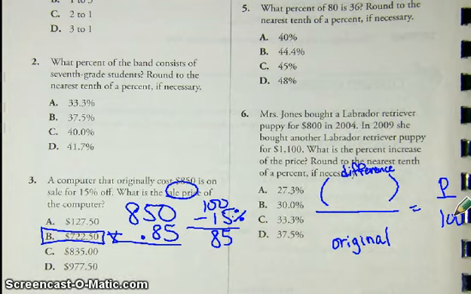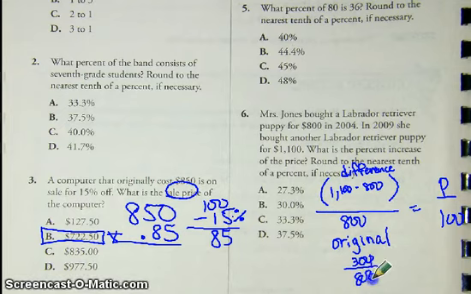So the difference we're going to find by subtracting 1,100 minus 800. The original was 800 in 2004. See that? That was before 2009. So 800 is the original cost. So this is going to simplify to 300 is the difference over 800.